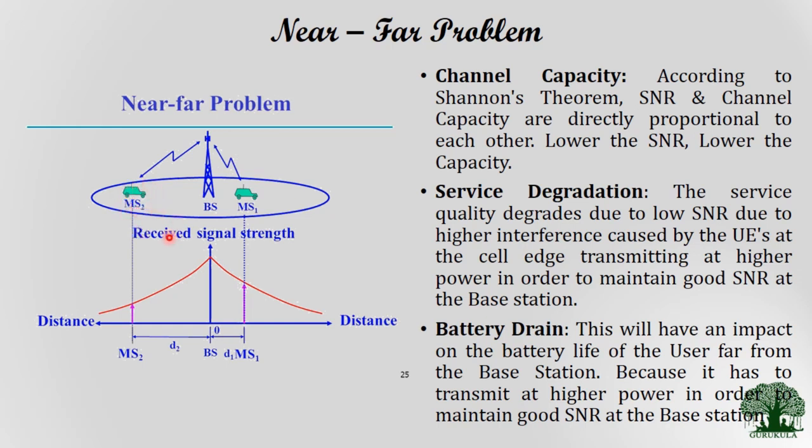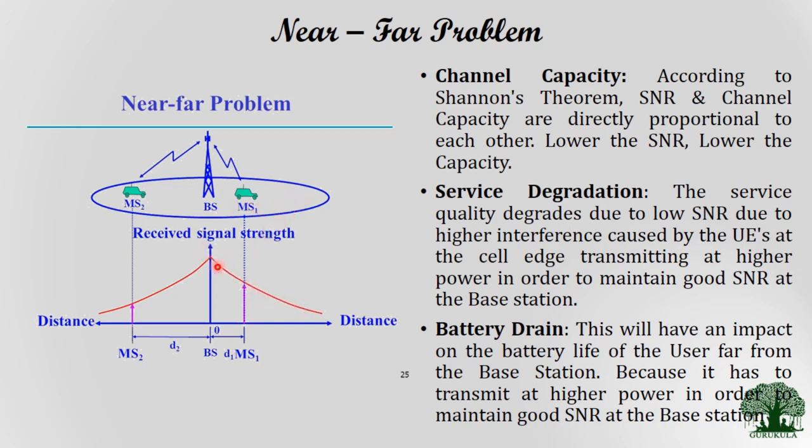When I look at the received signal strength graph, where I take distance on the x-axis and received signal strength on the y-axis, this is the signal strength depicted for MS1, that is mobile station 1. We know from the basics of wireless propagation models that when the distance between the base station and the mobile station increases, there will be a degradation in the received signal strength.